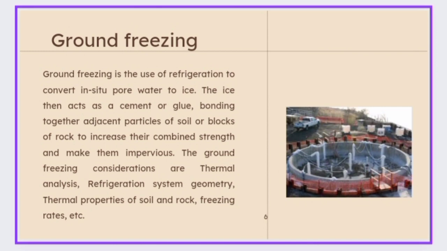Vibro replacement stone columns for ground improvement. Vibro replacement extends the range of soils that can be improved by vibrating techniques to include cohesive soils. The reinforcement of the soil with granular columns is accomplished by the top feed method.